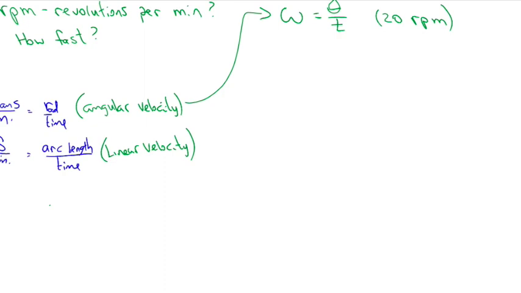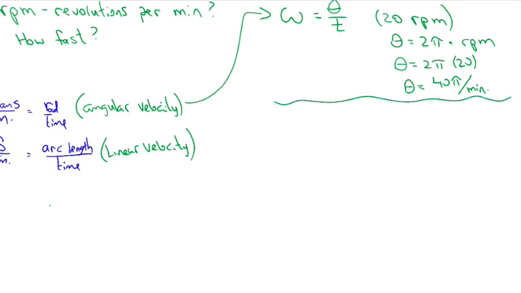Each cycle is worth how much in radians? 2 pi, right? So to change this into theta, we're going to get theta is equal to 2 pi times RPM. So it'd be 40 pi. Theta is equal to 2 pi times the 20. So theta would be 40 pi per minute. Got to get that rate back in there. 40 pi radians every single minute. Okay. So that'll give me omega.